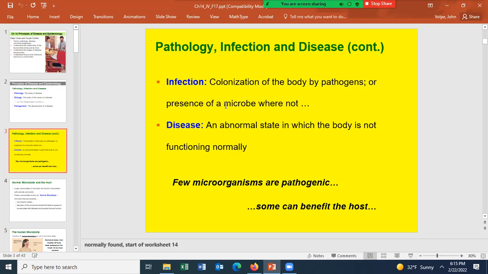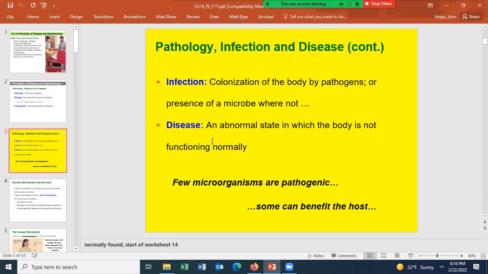And you can get an infection by a microbe that's on your body but is not supposed to be found there, like Staphylococcus epidermidis, which is normally found on the skin and doesn't do any harm there. But if it's growing internally, like in a puncture wound, that would cause an infection. So, presence of the microbe where it's not normally found.